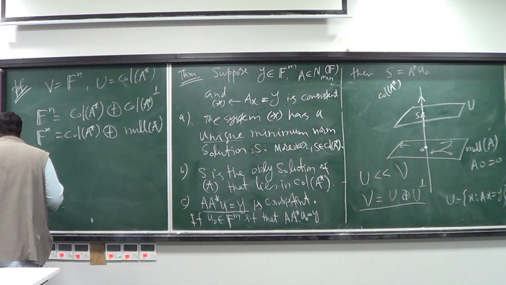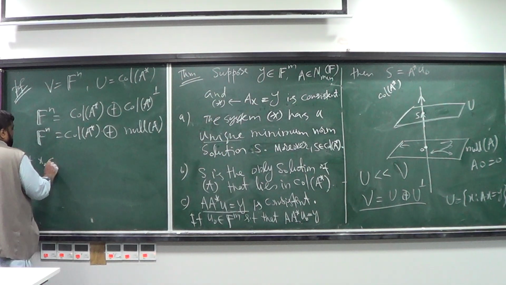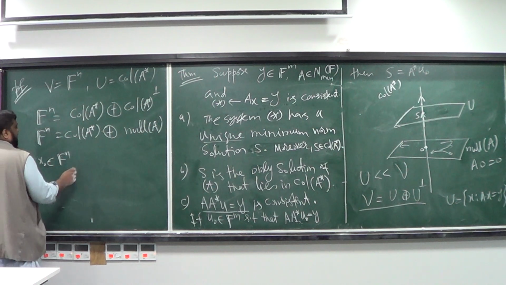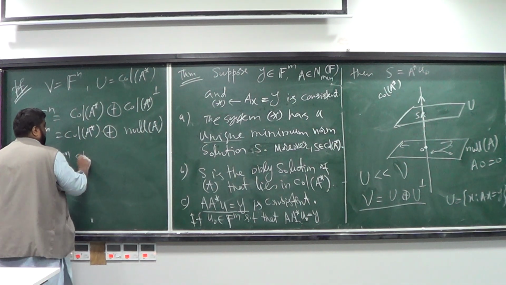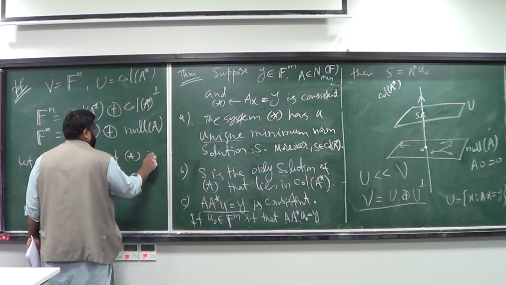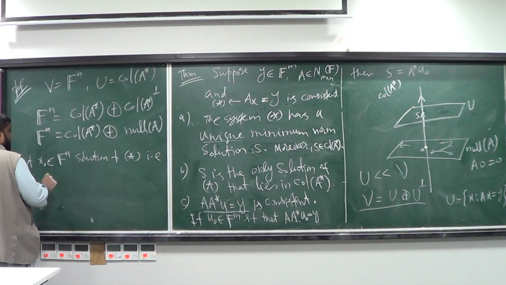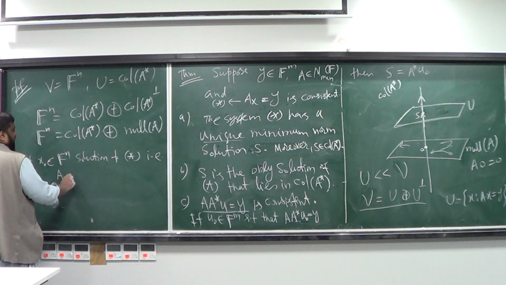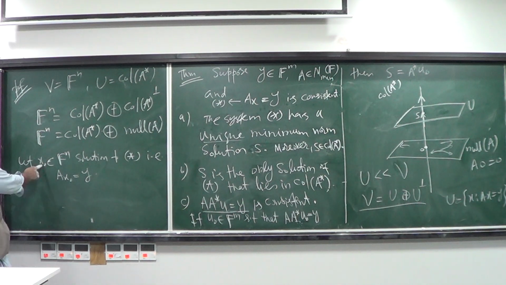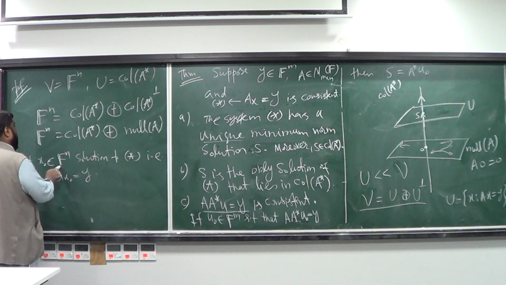So let x naught from F^n be a solution, that is, A x naught equals y.